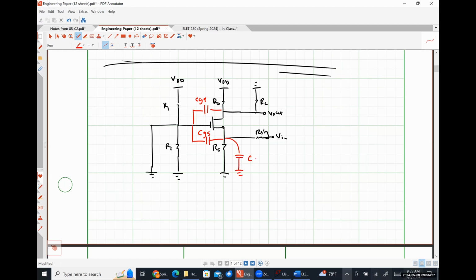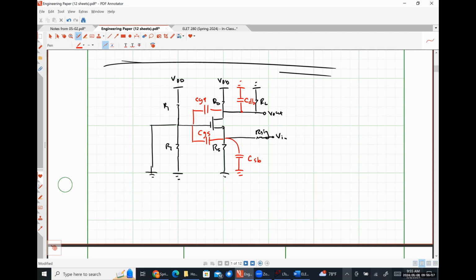Here's my capacitance CSB. Here's my capacitance CDB, where we're making the general assumption that our body or our substrate is always tied to ground for an NMOS transistor, and it would be tied to the positive supply voltage for a PMOS transistor.